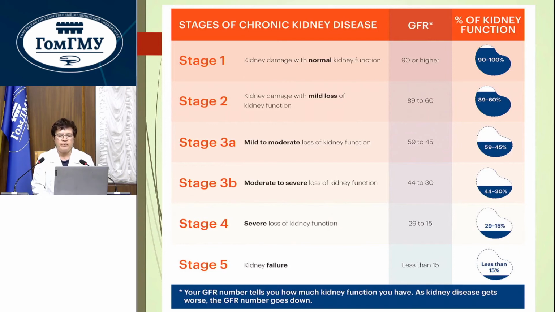Stage 4, severe loss of kidney function. Glomerular filtration rate is from 29 to 15, and the percent of kidney function is the same. And the last, fifth stage of chronic kidney disease, kidney failure. Glomerular filtration rate is less than 15, and the percent of kidney function is less than 15.